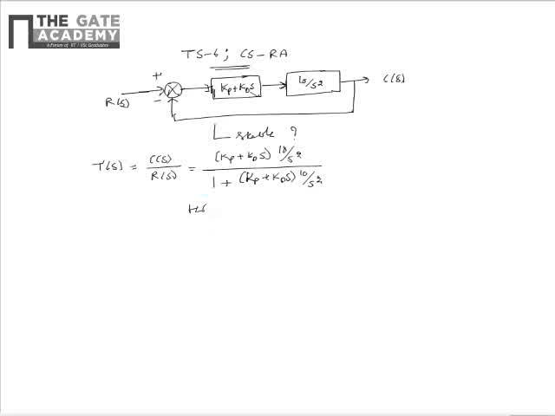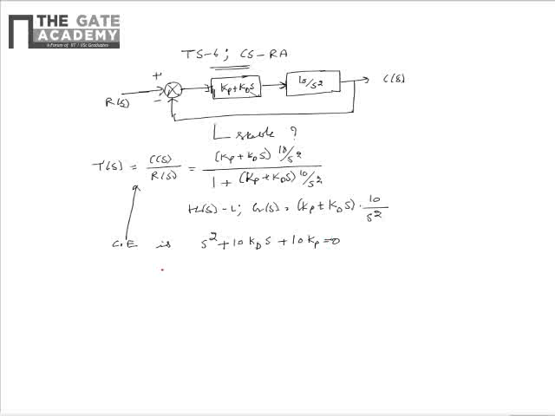This is due to the reason that h of s is equal to 1 and g of s is equal to (Kp plus Kds) multiplied by 10 by s square. Upon simplification, we see that the characteristic equation of this closed loop control system can be written as s square plus 10 Kds plus 10 Kp is equal to 0.